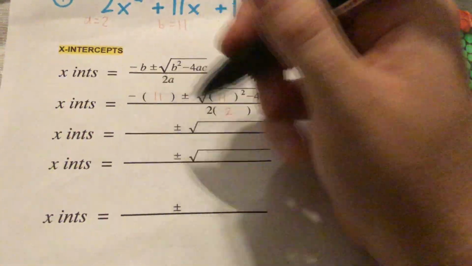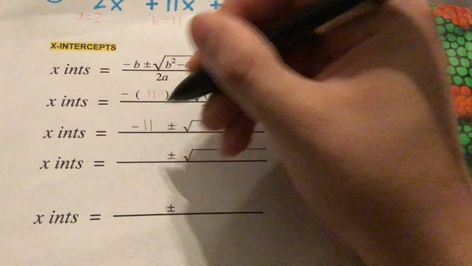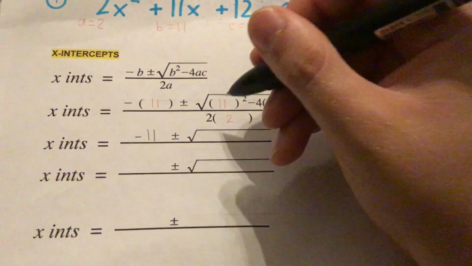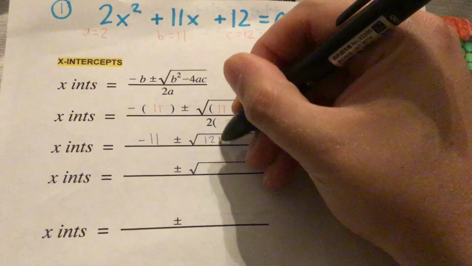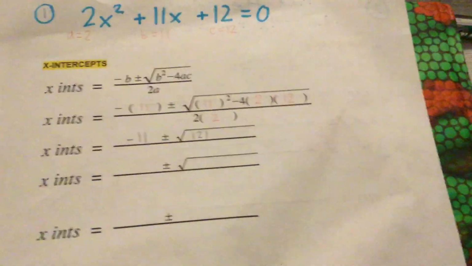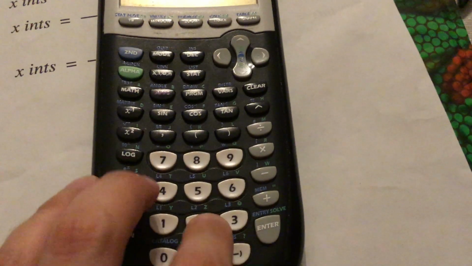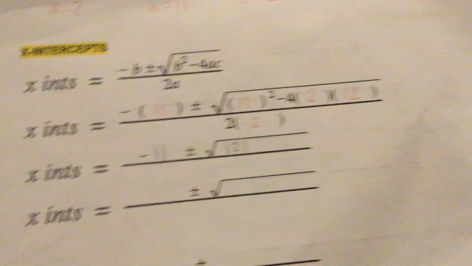So we've got negative 11, or just negative 11. Well, that was easy. Plus or minus the square root of 11 squared. Well, that is 121. Negative 4 times 2 times 12. So negative 4 times 2 would be negative 8, but just to be thorough, negative 4 times 2 times 12 would be negative 96.